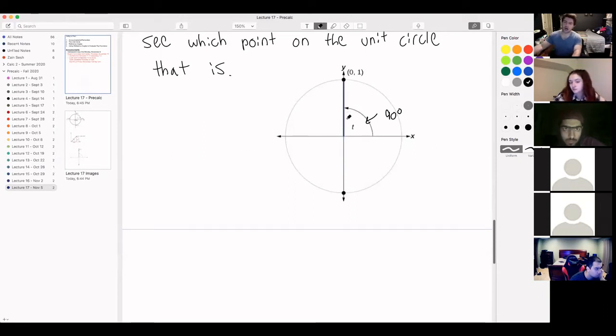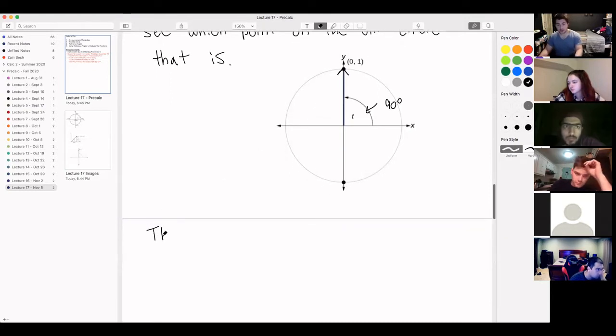What point on the unit circle are we landing on if we travel 90 degrees? It would be 0, 1. Yes, exactly. Here's our 90-degree angle, and we do hit 0, 1. So the coordinate is 0, 1.